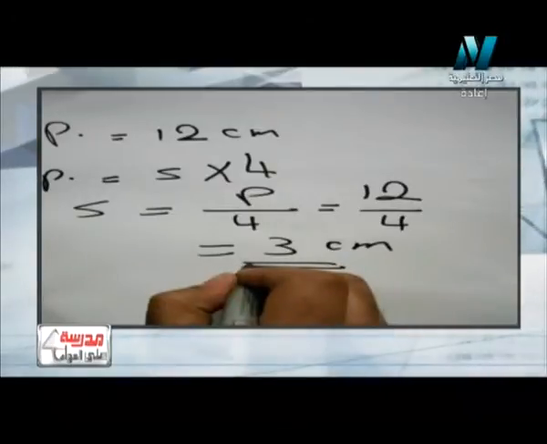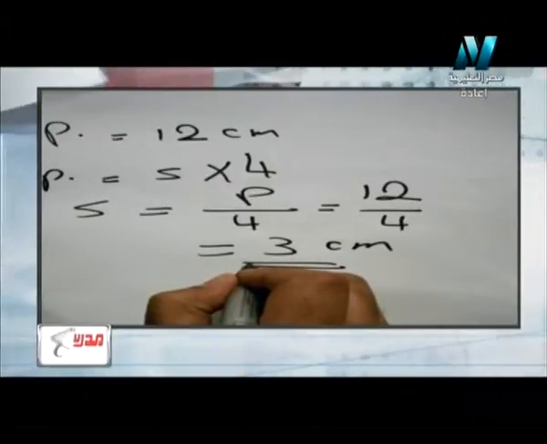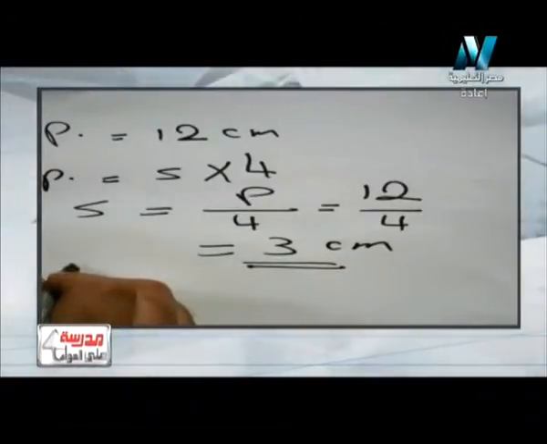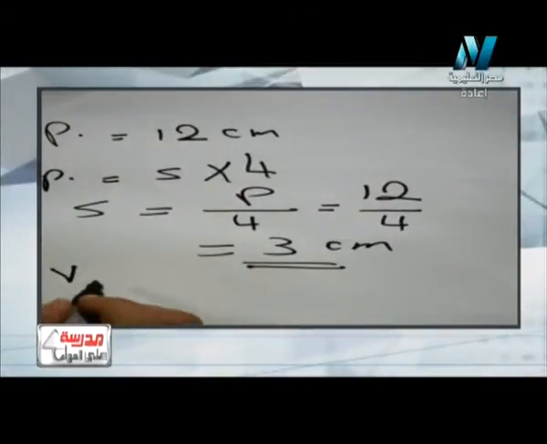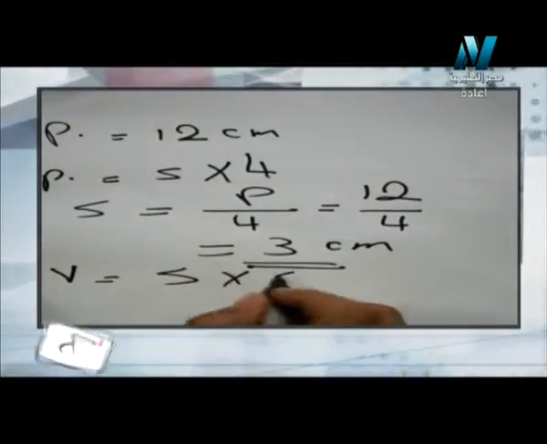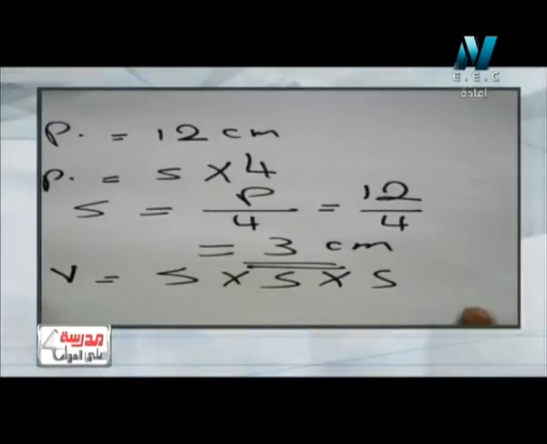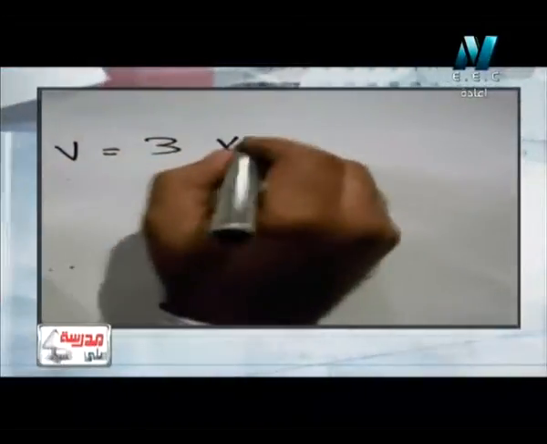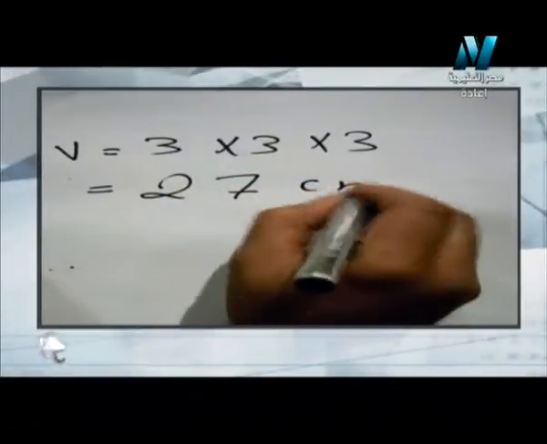So easy. We have now the edge length of a cube, so it's so easy to get the volume. Volume equals what? Edge times edge times edge. Excellent. The volume equals 3 times 3 times 3. The result will be 27 centimeter cube.